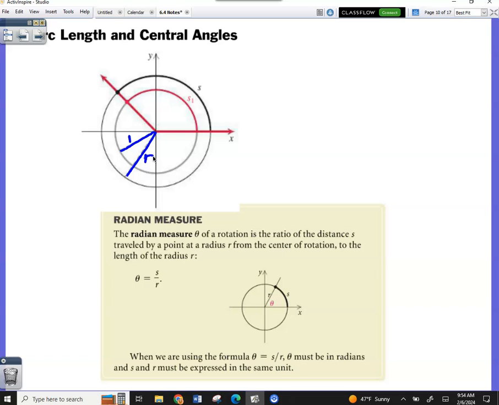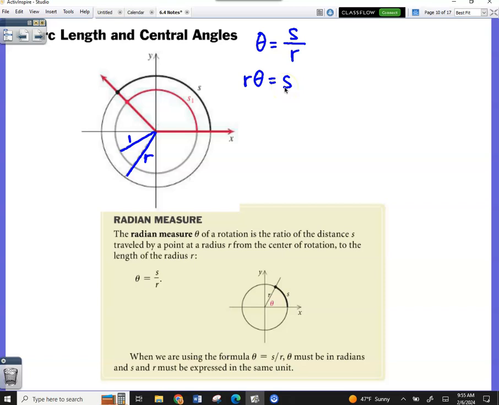All right, so let me give you the formula. We're going to start with theta equals S over R. Now, we're going to manipulate it because we don't always need theta. Sometimes we need S, sometimes we need R. But that is the beginning formula. Because of the rules in math, this is divide by R, so I could move this by multiplying by R. I'm going to multiply it over here to the right.